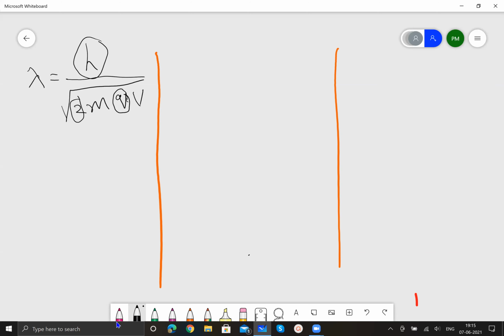You want the ratio of proton to neutron, so lambda 1 is to lambda 2. This should be root of m2 by m1 into v2 by v1. Am I right?